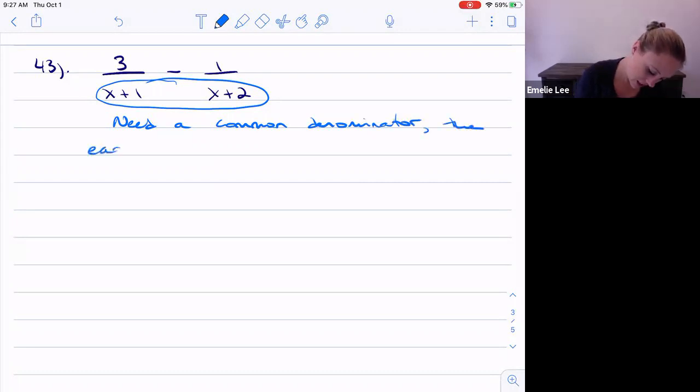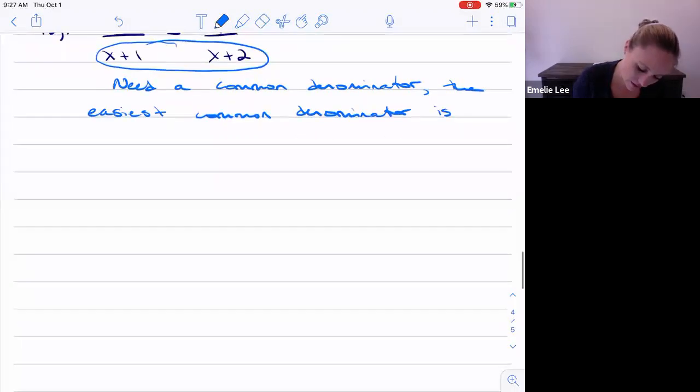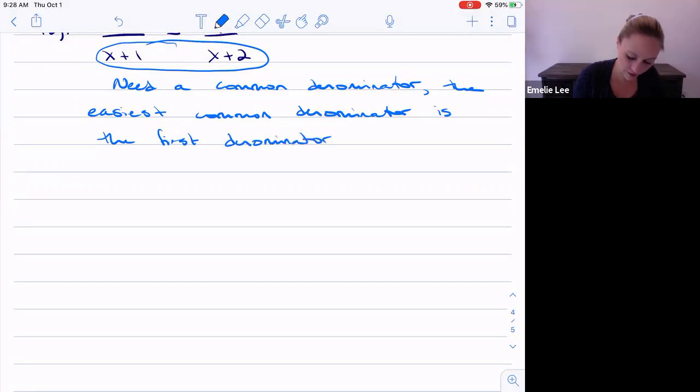The easiest common denominator, oops, I always want to combine words, common denominator, what a mess, denominator is the first denominator times the second.